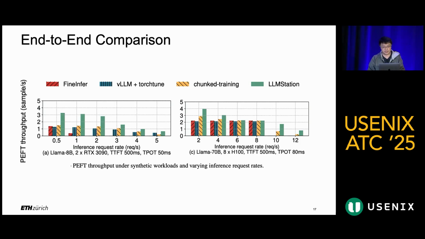When the inference request rates are relatively low, in serving Llama with RTX 3090, we can outperform other systems by up to 40 times, because the temporal multiplexing solution does not co-execute different tasks and therefore cannot fully utilize the computational power.